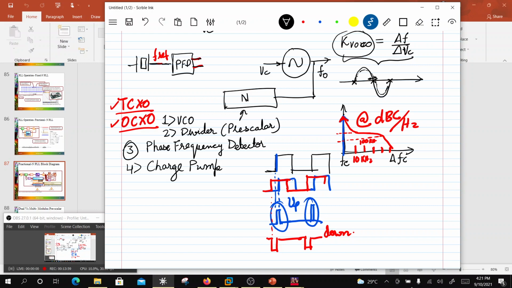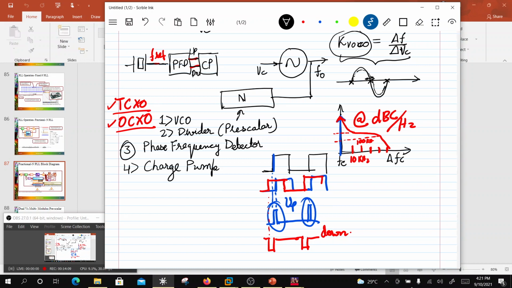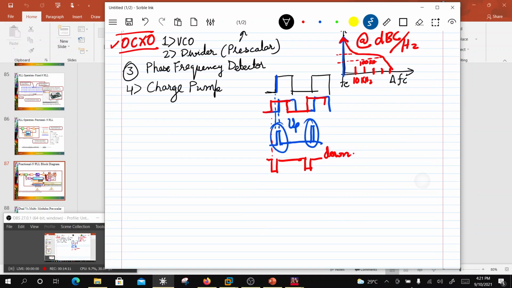Now after this, the output of the PFD, which is up and down pulses, are given to a charge pump, and this is usually what you call a zero dead zone charge pump. And what is zero dead zone?